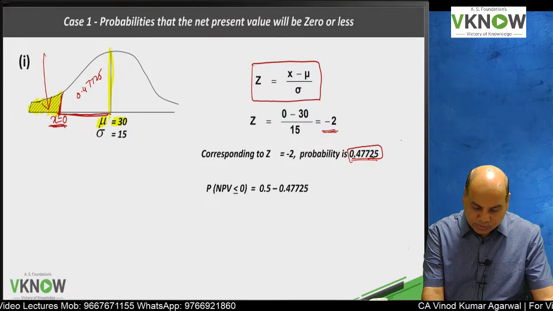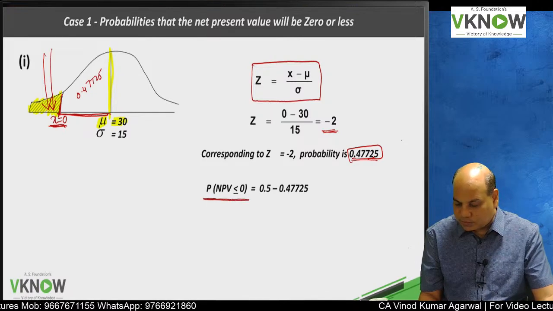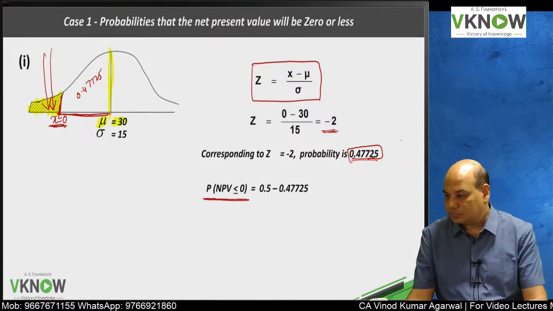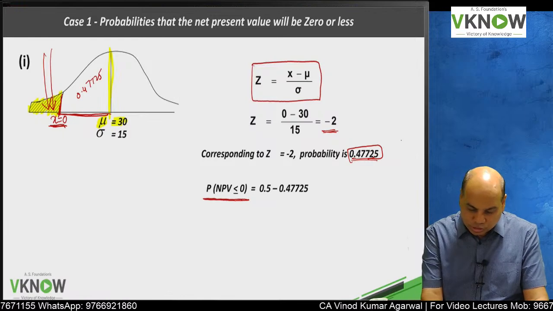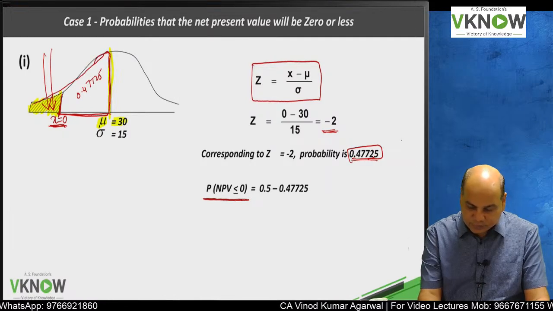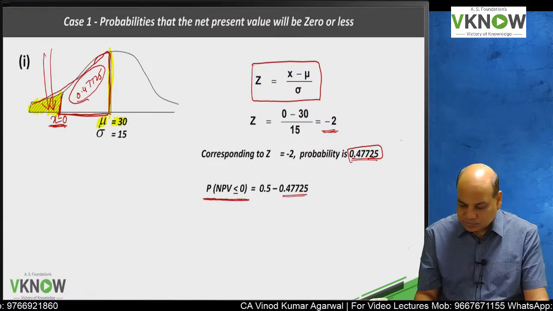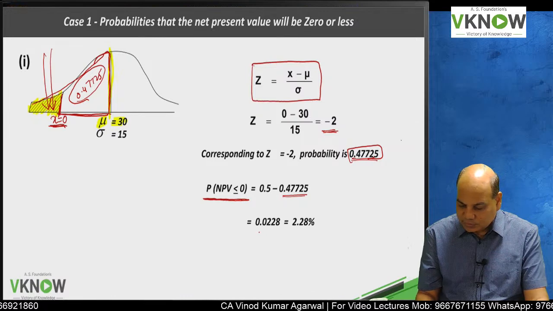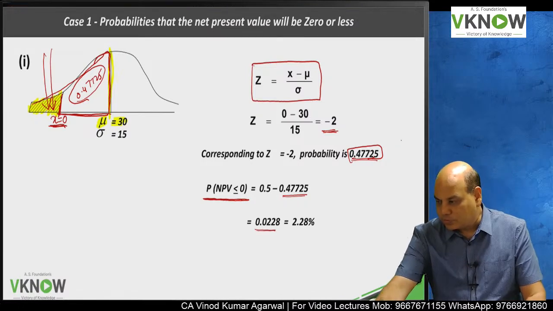I want the probability of this area. So write down probability NPV less than or equal to 0. Total area is 0.5. Remove this part. The balance part is 0.0228 approximately.